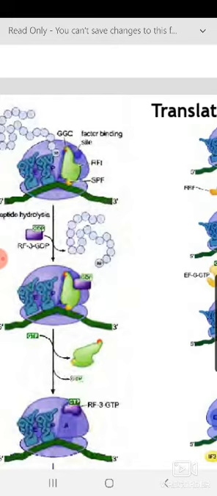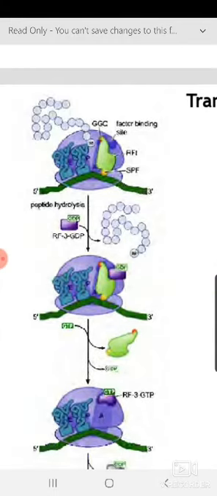On the other hand, it has another 3 amino acids, GGQ, which interact with the peptidyl transferase center where the peptide bond forms, and trigger the hydrolysis of the growing polypeptide chain. So at this point, the polypeptide chain gets hydrolyzed.